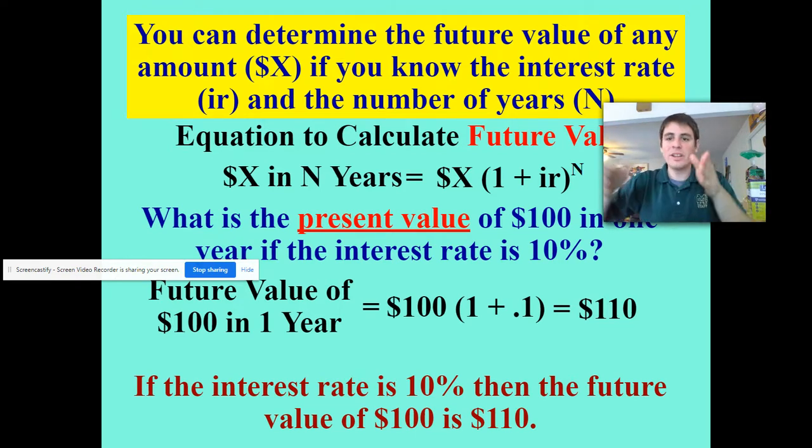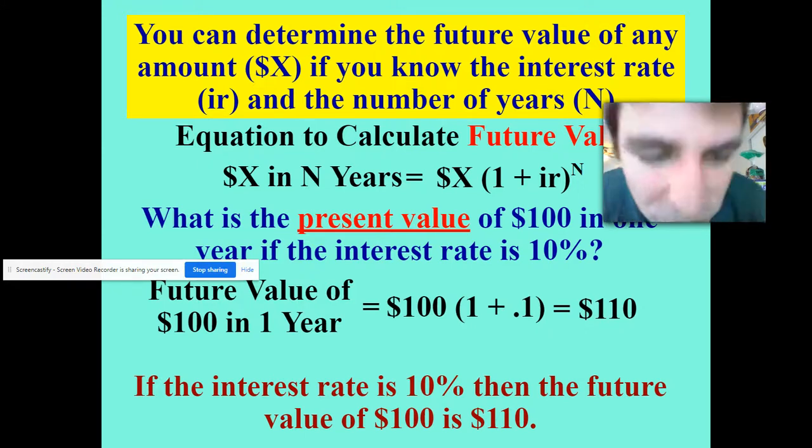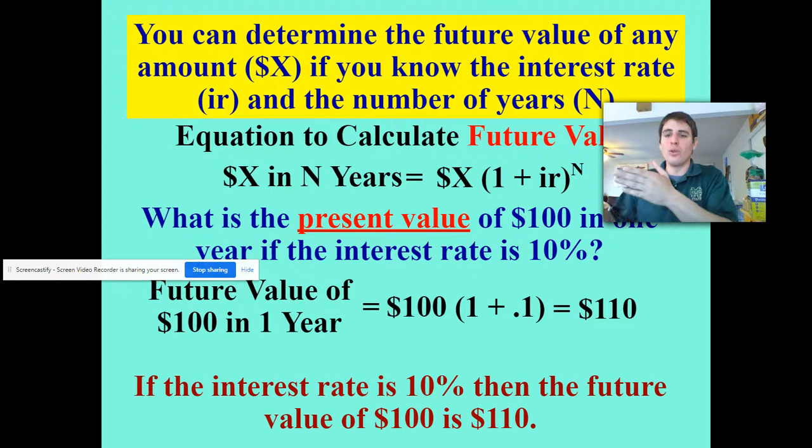Well, my current value of the $100 today is $100. Given there's 10% interest, at the end of the year, my future value is going to be less or greater than $100. Well, it's going to be greater, right? So the future value of money is going to be greater.